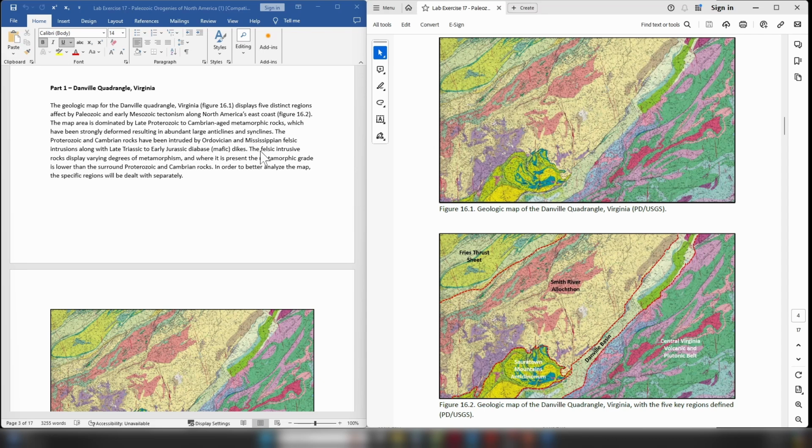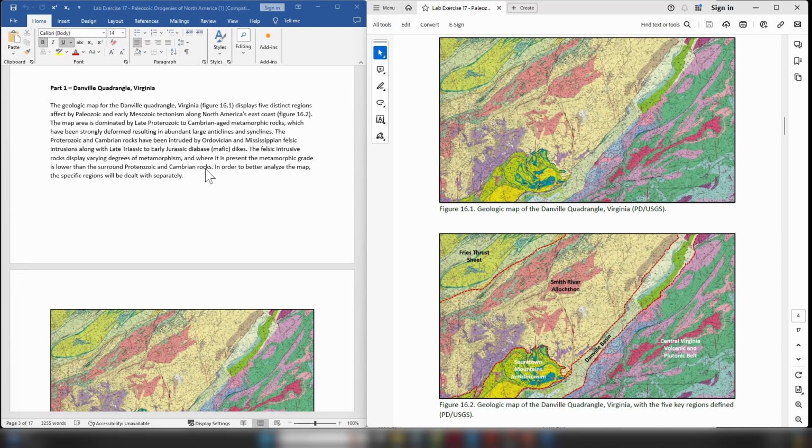Now, going back to these felsic intrusions, which are pretty much dominated by granite, or more accurately, metamorphosed granites. These felsic intrusions display varying degrees of metamorphism, and where present, the metamorphic grade is lower than the surrounding Proterozoic and Cambrian aged rocks.